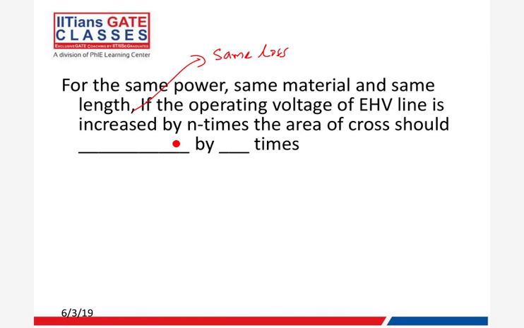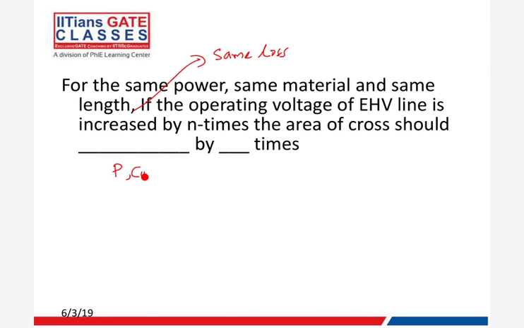Right. So suppose this is better, right? What we are saying is that P amount of power is being transferred, and suppose we are using copper.